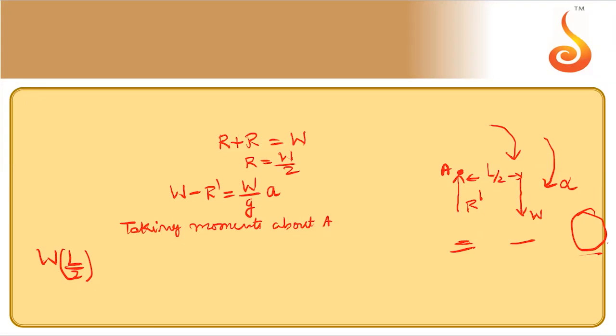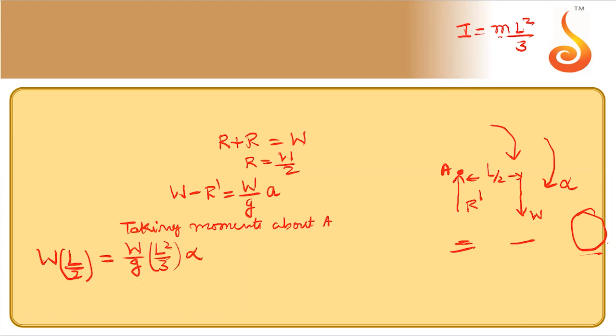Now, it is nothing but a uniform rod. So for a uniform rod, the moment of inertia should be M L square by 3. Here M is W by G, so it is W by G into L square by 3 into alpha.